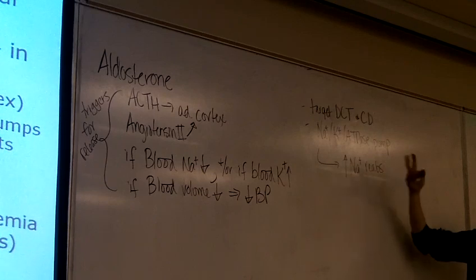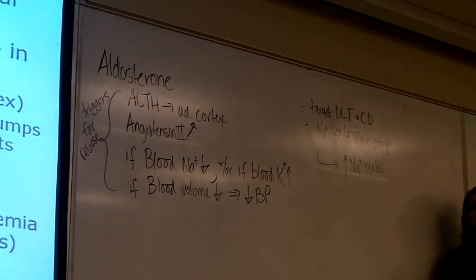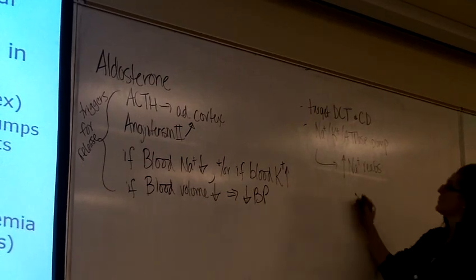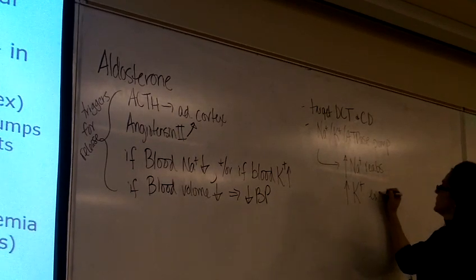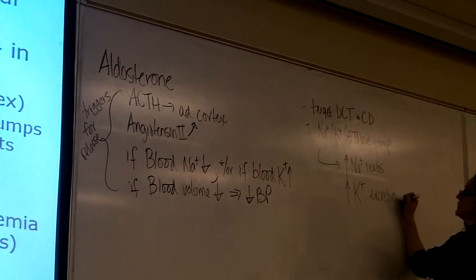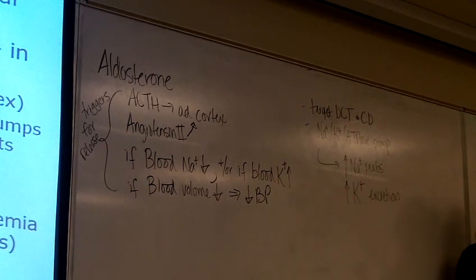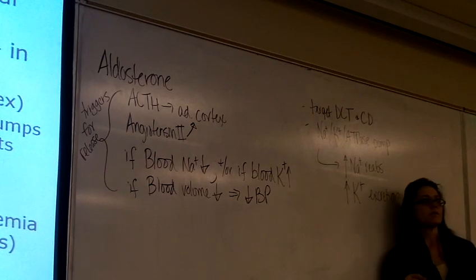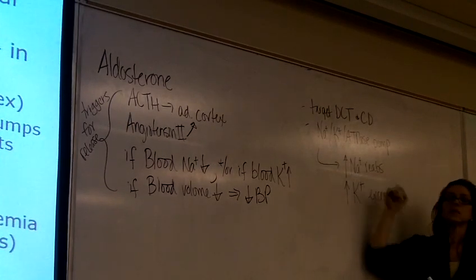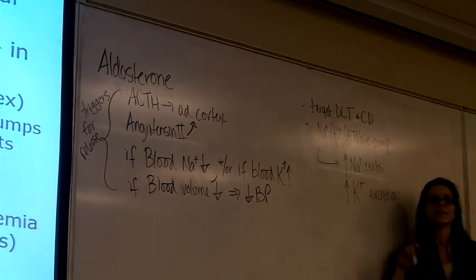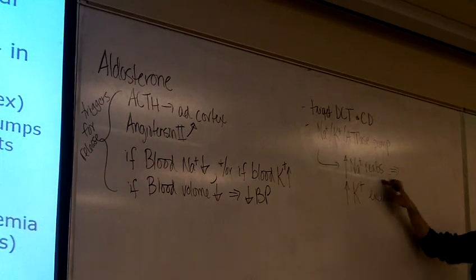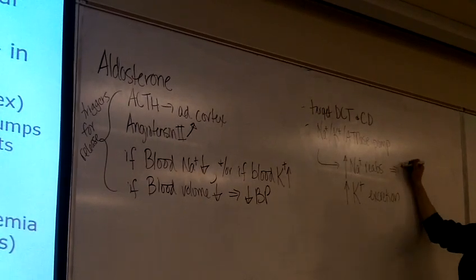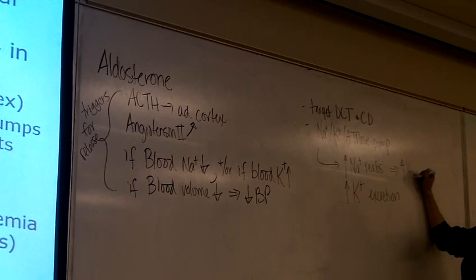And since this is a counter-transport pump, if we're reabsorbing sodium, that means that we are going to increase excretion of potassium. Again, it's a counter-transport pump. So sodium's going one way, potassium's going the other. Sodium's getting reabsorbed, potassium's getting excreted. And since water follows sodium, the more sodium that we reabsorb, the more water that we reabsorb.